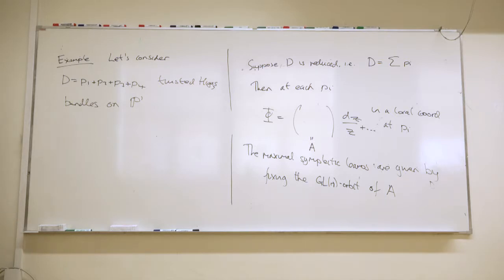But instead of last time looking at some non-reduced divisor, where I chose this divisor to be 4 times a point, I'm going to look at the sum of 4 distinct points.